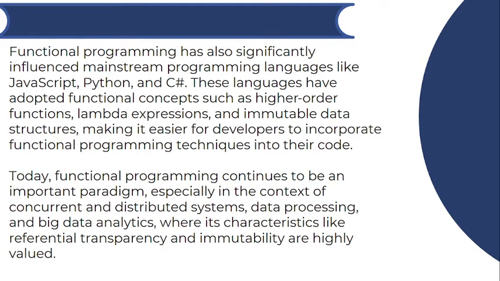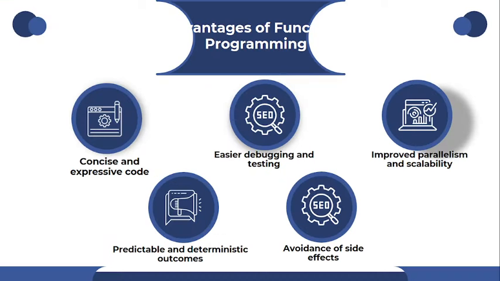These languages have adopted functional concepts such as higher-order functions, lambda expressions, and immutable data structures, making it easier for developers to incorporate functional programming techniques into their code. Today, functional programming continues to be an important paradigm, especially in the context of concurrent and distributed systems, data processing, and big data analytics, where its characteristics like referential transparency and immutability are highly valued.